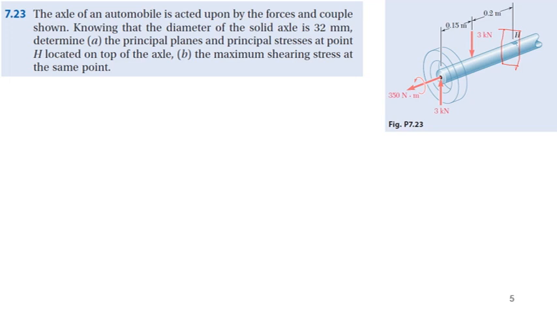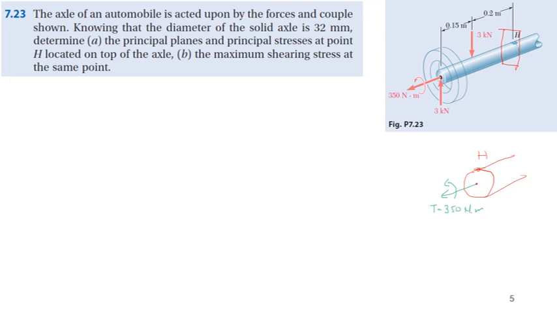Means if I draw it, let's suppose we have a circular section, this is point H, and on the centroid we have to transform our force moment. So what we have is one moment and torque, that will be acting. So let me write T is equal to 350 newton meter.